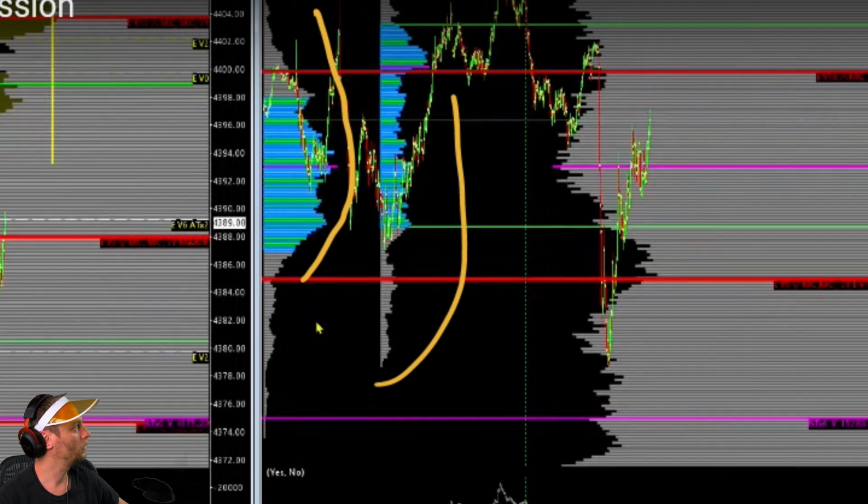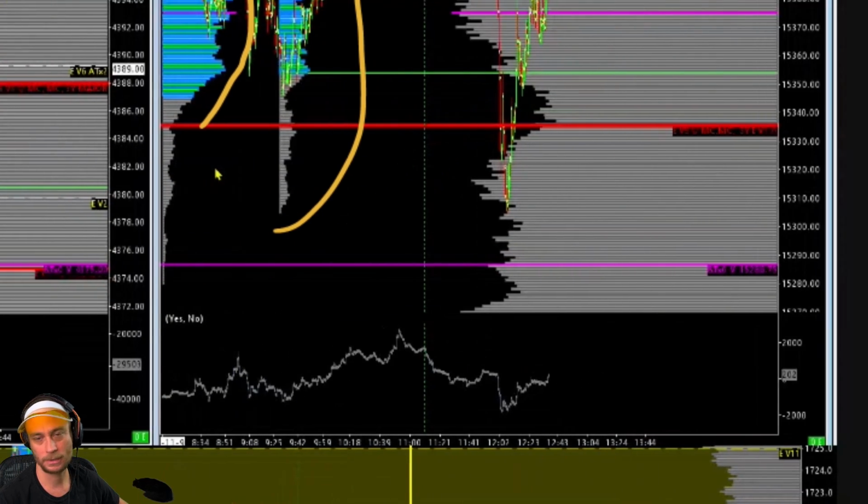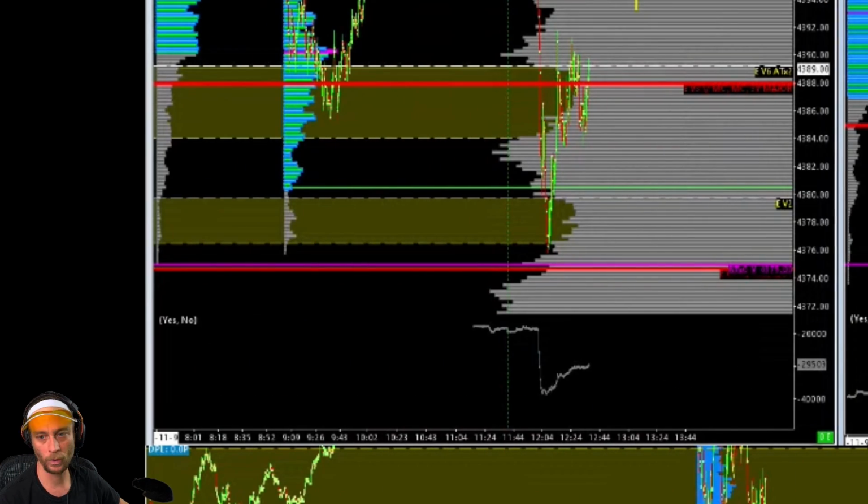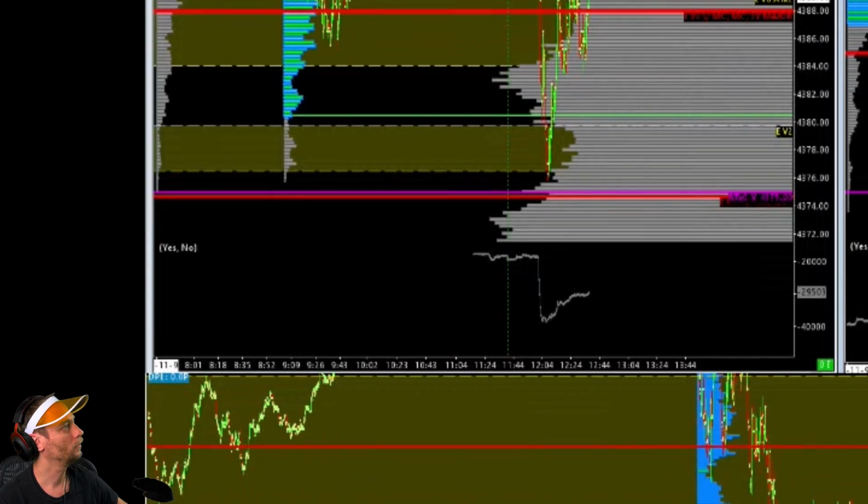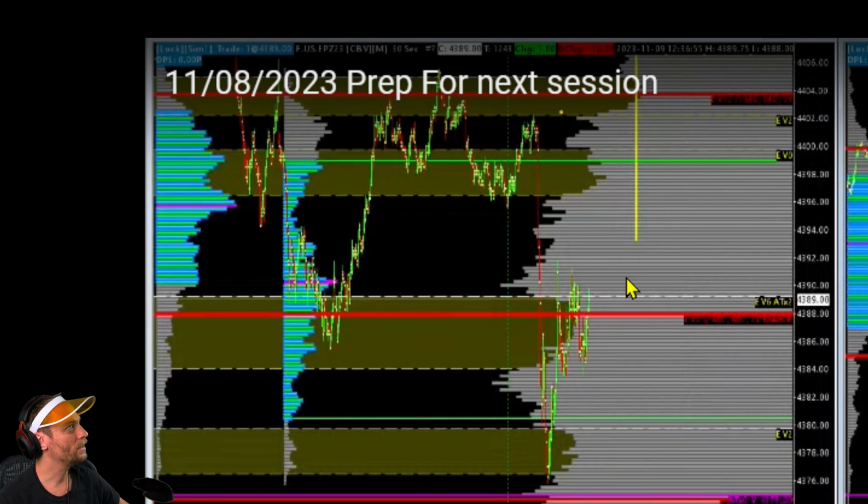Then when we come over to look at ES, where's ES at? So this profile on the left is 2 days. The value area low is down here, and we're ranging under it, which is good.